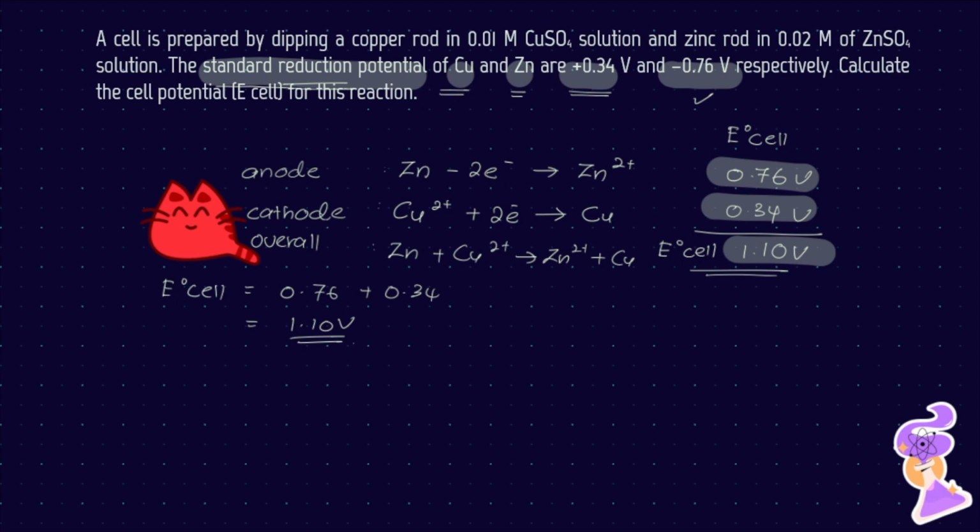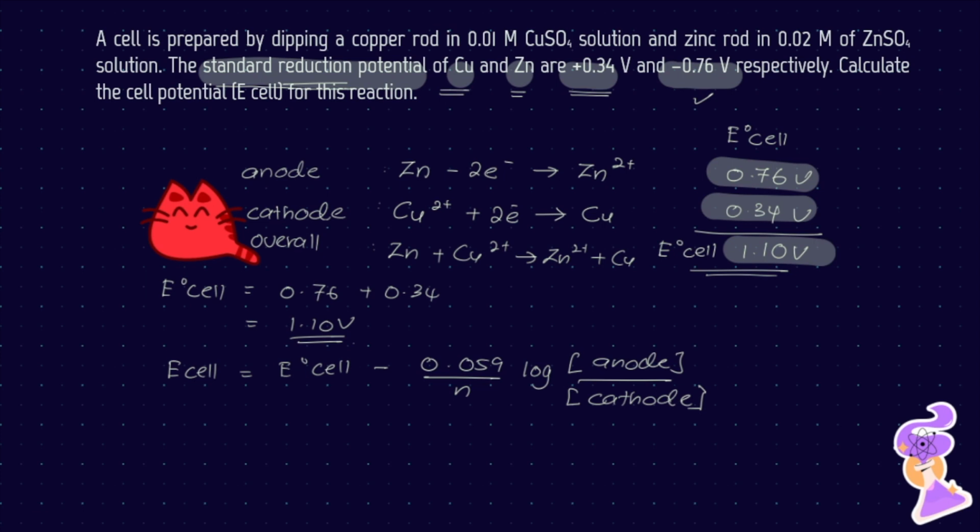you can calculate your E cell. Your E cell is equivalent to the standard cell potential minus 0.059 divided by n, log of the concentration of anode divided by the concentration of cathode.